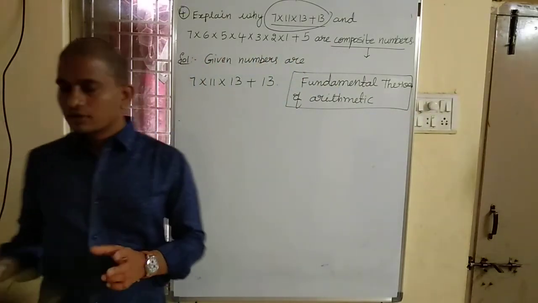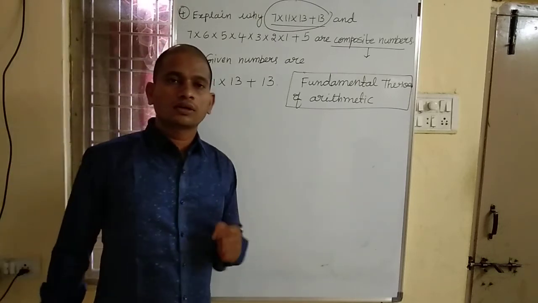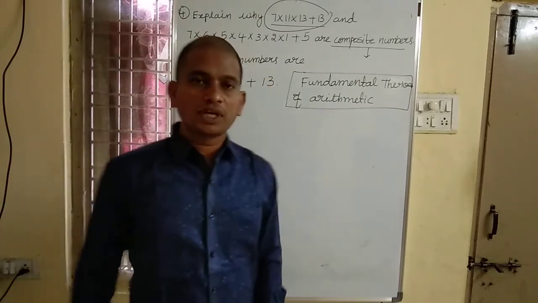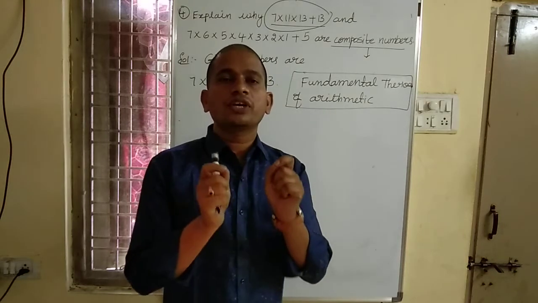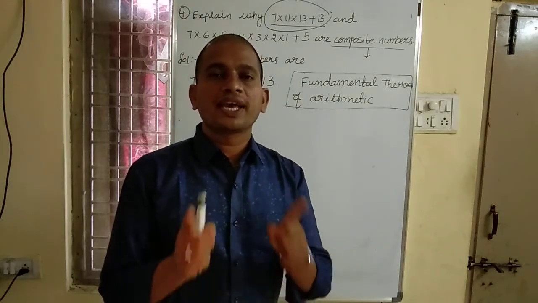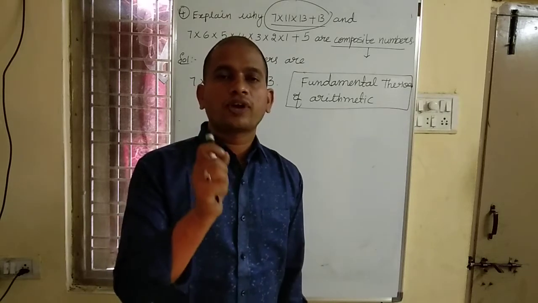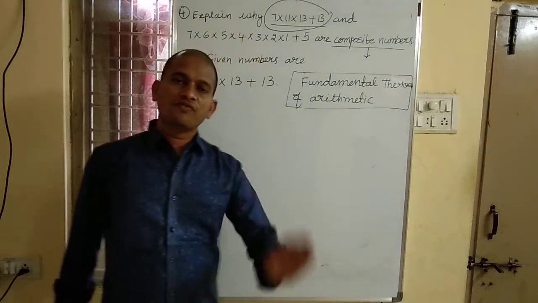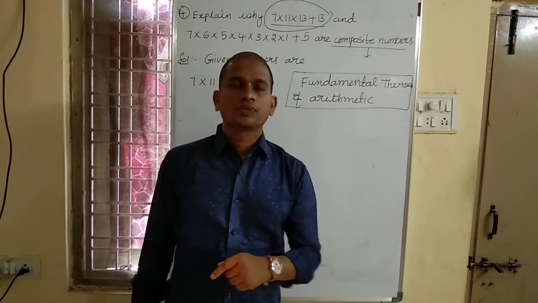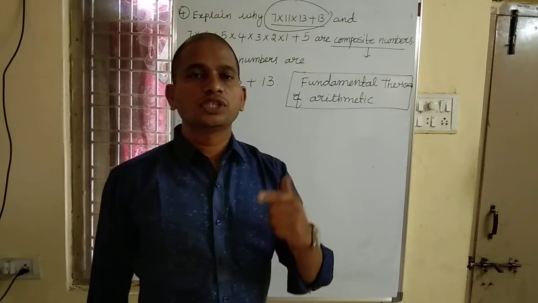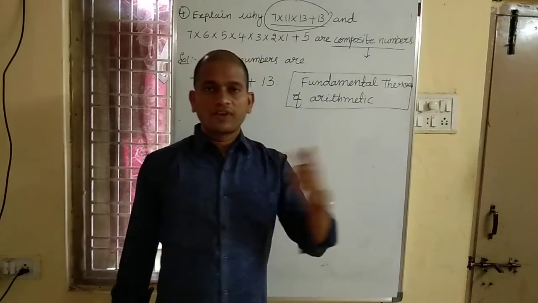One more question. What is the fundamental theorem of arithmetic? Every composite number can be expressed as a product of primes, and that factorization is unique for all the factors.